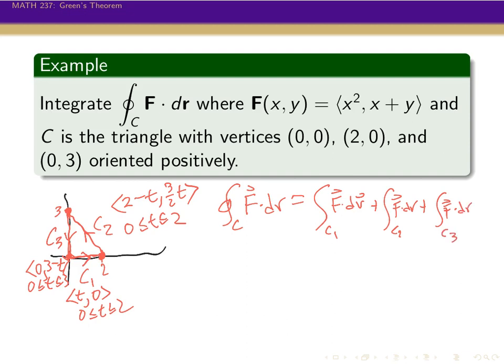Okay, so let's figure out each of these. So for C1, I'll put my vectors over these.